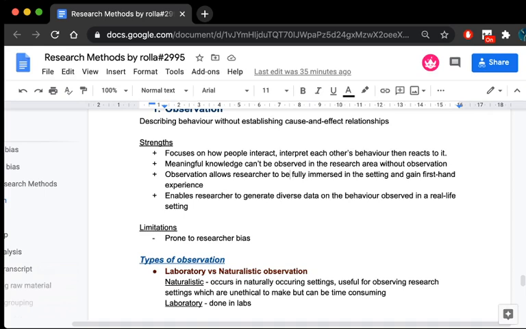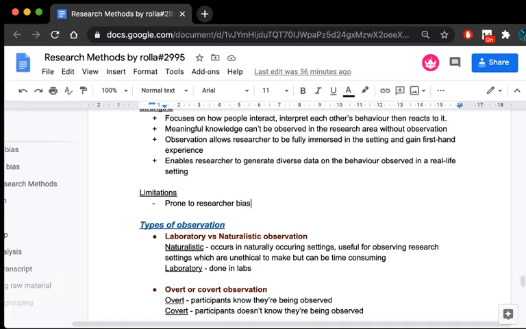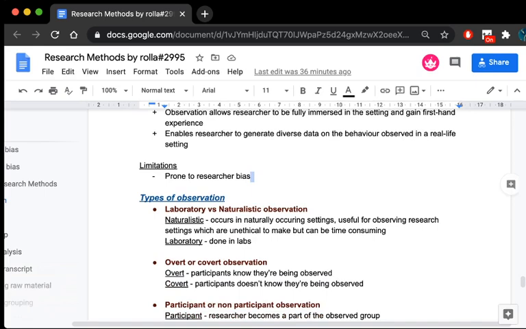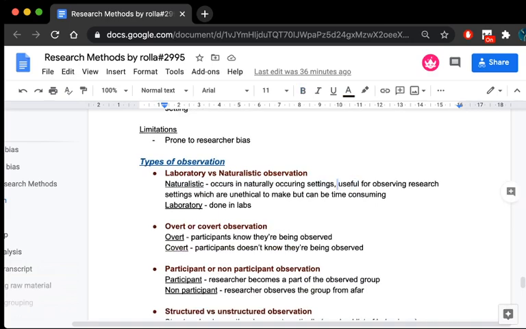It also allows researchers to generate a lot of data from the behavior observed in a real-life setting, and maybe even catch the nuances of the behavior if the researchers pay a lot of attention. However, this can also be prone to researcher bias because it's a subjective interpretation from someone's lens.